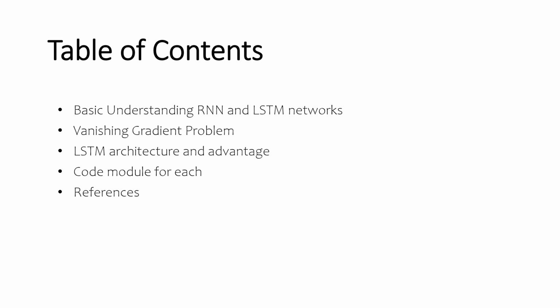We will talk about the vanishing gradient problem, which RNN could not cope with. So we introduce the LSTM architecture and the advantages of LSTM, and we'll see each implementation with a code module, and how we can proceed with those implementations.